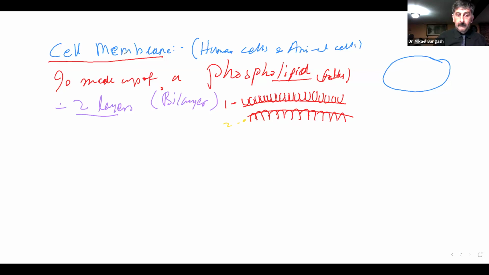So how can we define a cell membrane? It's the outline of the cell body. But what is it made up of? A phospholipid bilayer.